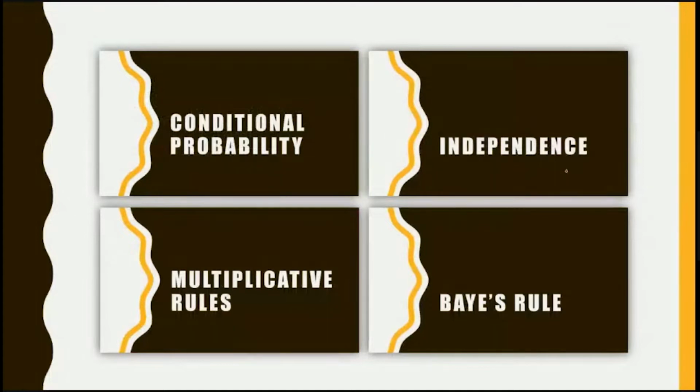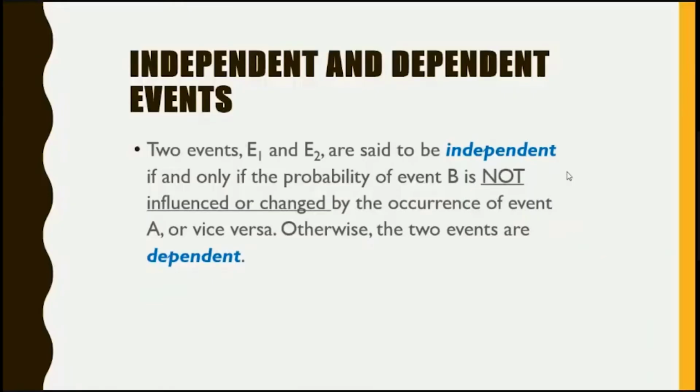Okay, our next topic will be independence. When we say independence, it is defined in this manner. Two or more events are said to be independent if and only if the probability of event B is not affected or influenced by the change or occurrence of event A and vice versa.